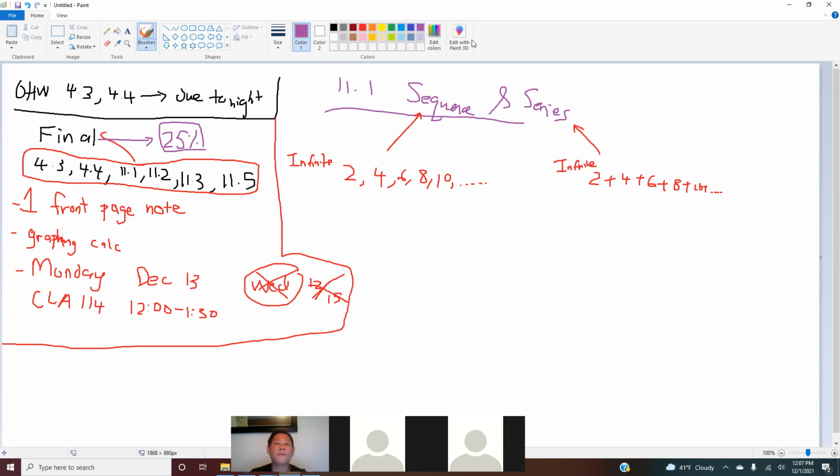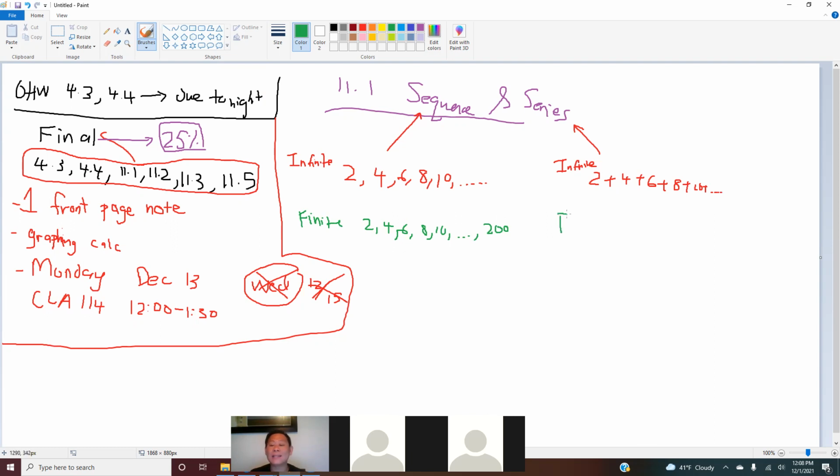Okay. For a finite series or finite sequence, you do 2, 4, 6, 8, 10, and then dot, dot, dot, and then 200. So when you have a finite sequence, we stop at a point. We start and then we stop.